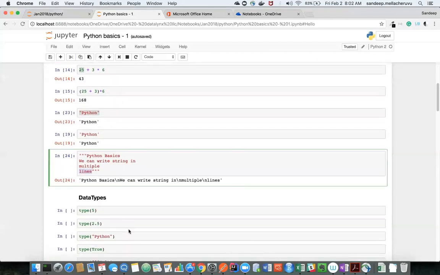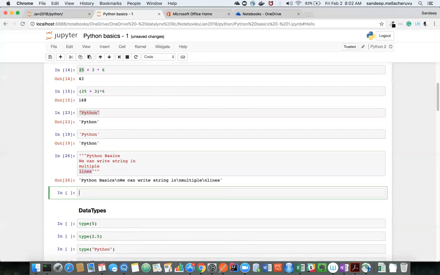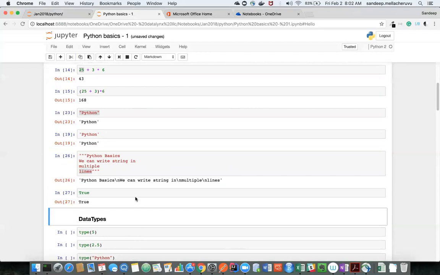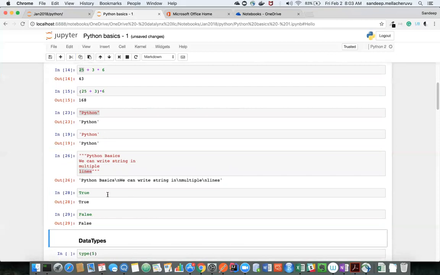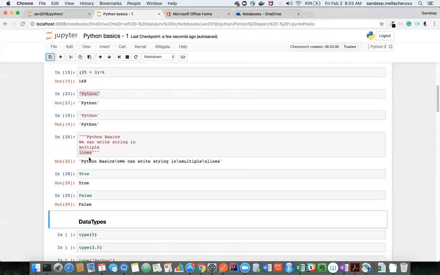So I did not include one more thing. There is a Boolean literal, which is only either true or false. These are the only 2 values in the Boolean literal. Let me add to your notes. So there is a Boolean literal.